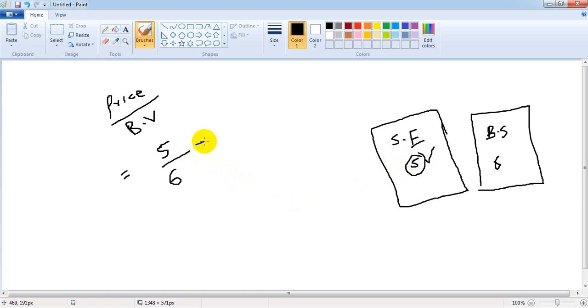So this means that price to book ratio will be less than 1. It will be less than 1 in points.